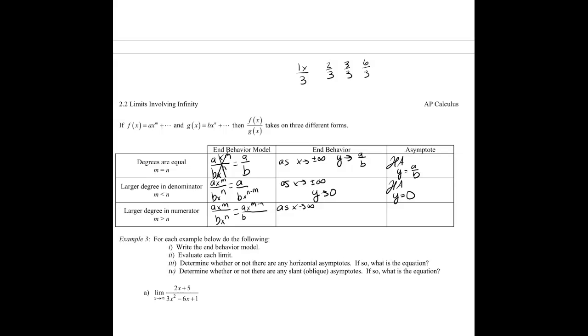It's just going to grow larger and larger, and that's no bueno for us. So as x approaches infinity, y is also approaching infinity. Well, I guess it depends on which infinity it goes to, depending on your fraction. So in this case, there wouldn't be a horizontal asymptote, which is kind of a pain in the asymptote, because now we have to look for something called a slant asymptote.